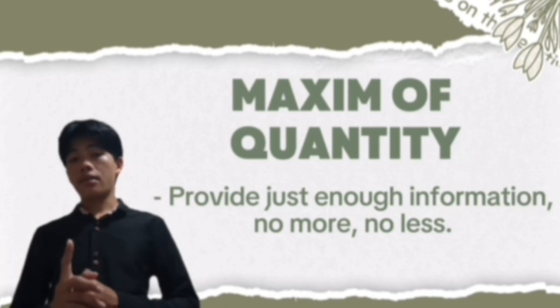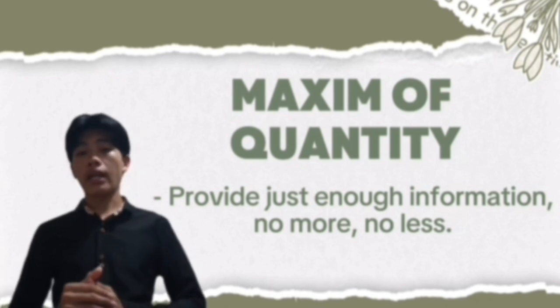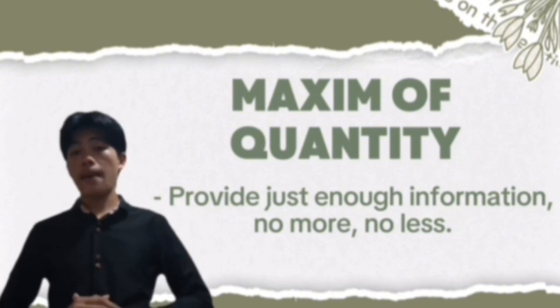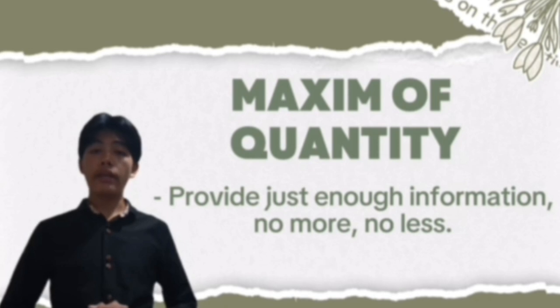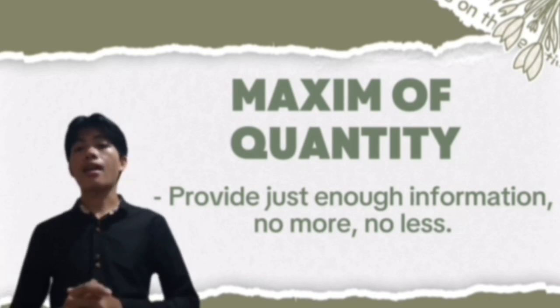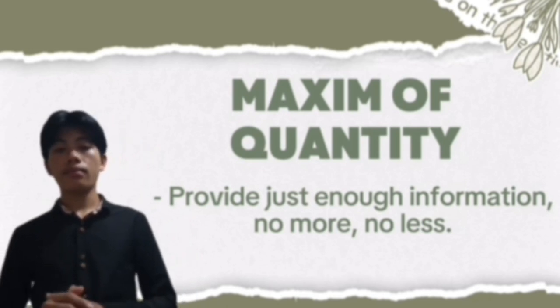Another thing is the speaker must avoid redundancy. Offering excessive details can lead to confusion or boredom. For example, when asked about a movie, saying it's good is often more effective than a lengthy analysis unless further details are requested.